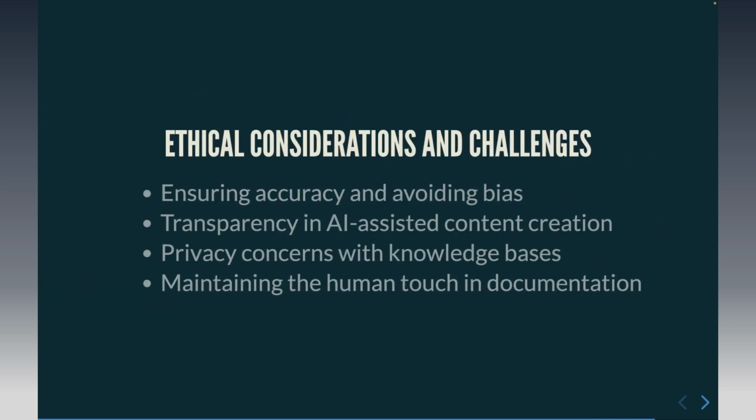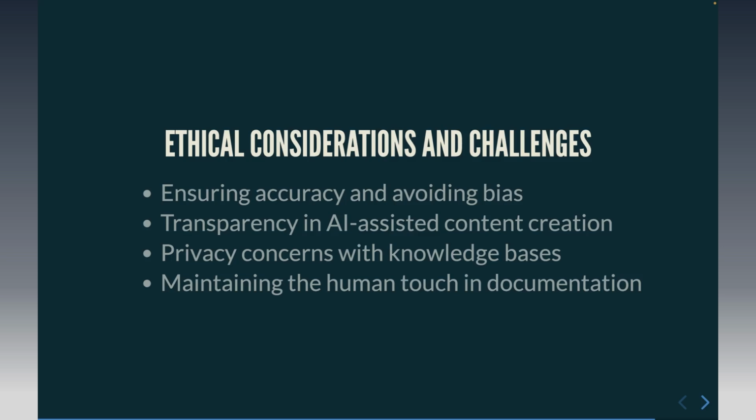And as we integrate AI more deeply into our work in these very specialized ways, we need to consider the ethical implications. We need to ensure the accuracy of our AI generated content and work to make sure it doesn't have any biases, or at least as few as we can reasonably manage.